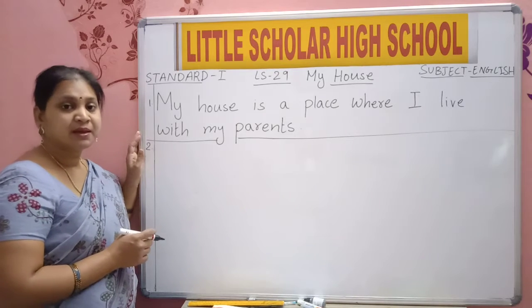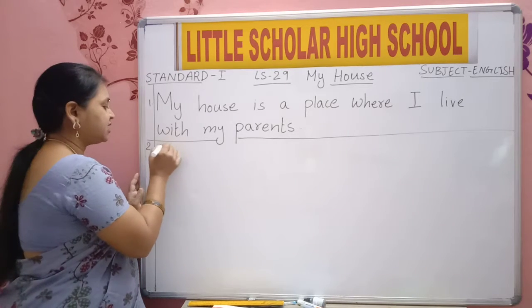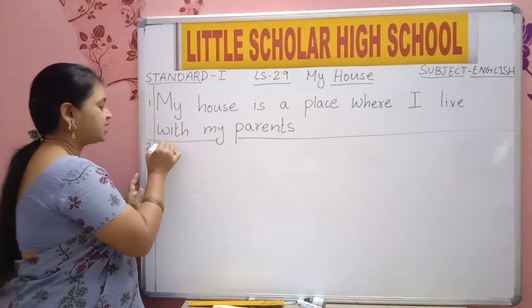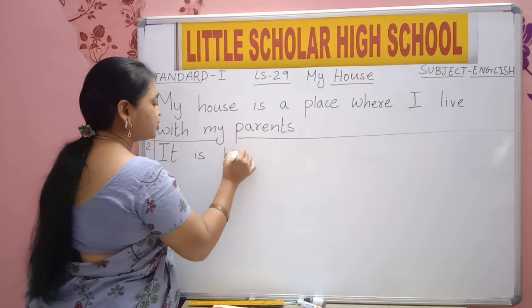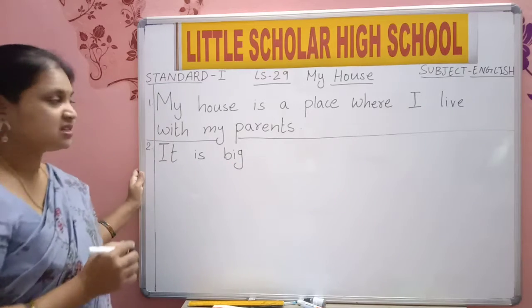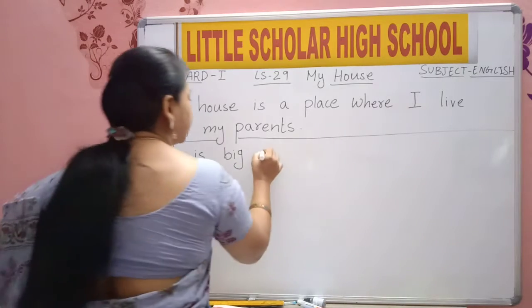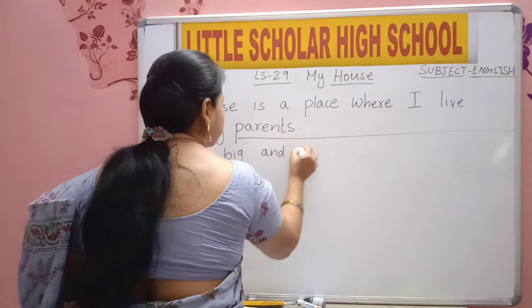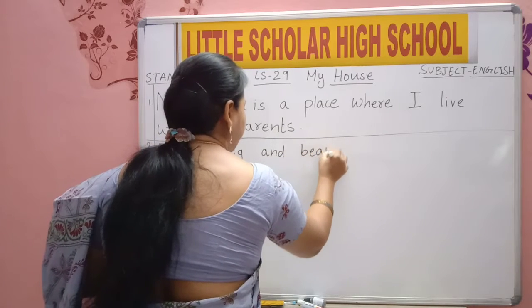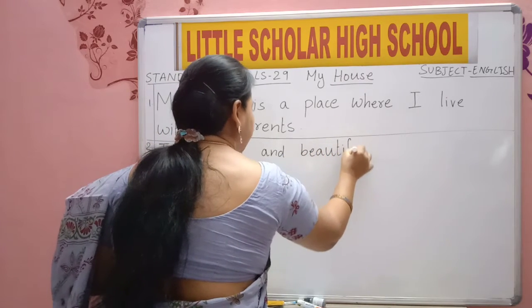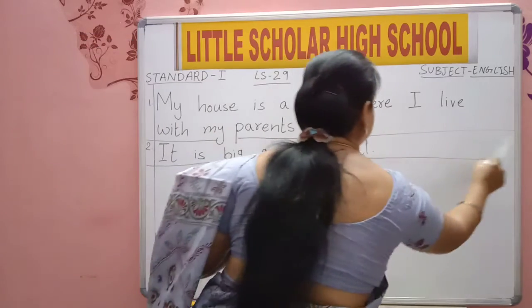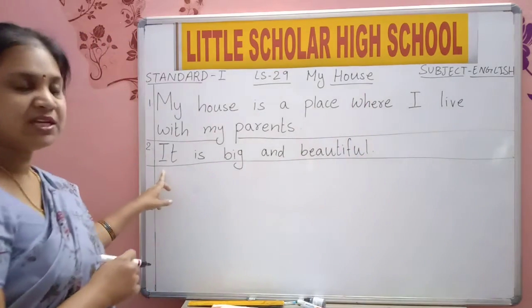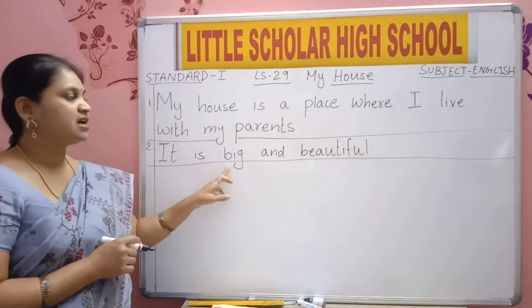It means my house. I-T, it. I-S, is. It is. B-I-G, big, in the second line. Write it in the second line. It is big, A-N-D, and, B-E-A-U-T-I-F-U-L, beautiful. It is big and beautiful. I-T, it. I-S, is.